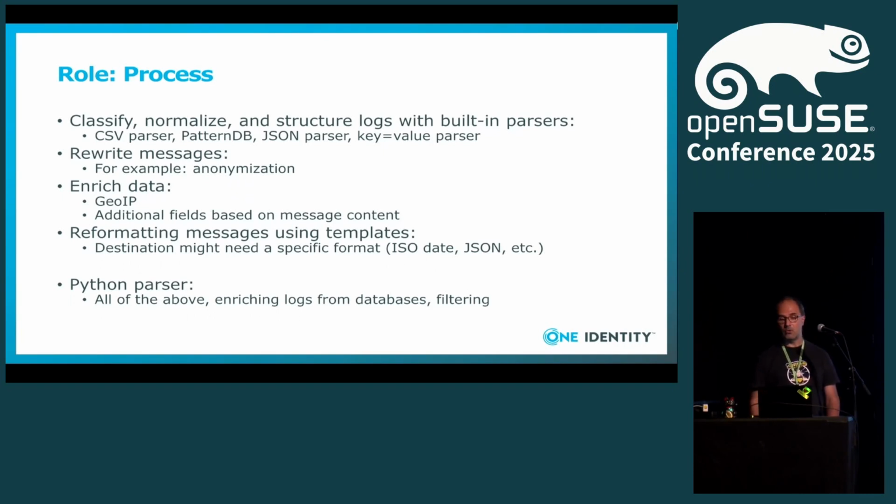You can also enrich log messages using GeoIP. You can add location information to IP addresses. You can reformat log messages, like I mentioned, that Elasticsearch needs ISO date and JSON formatting. And if none of the above possibilities are good enough for you, you can write your own parsers in Python as well.